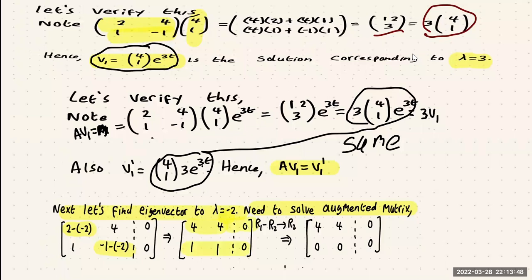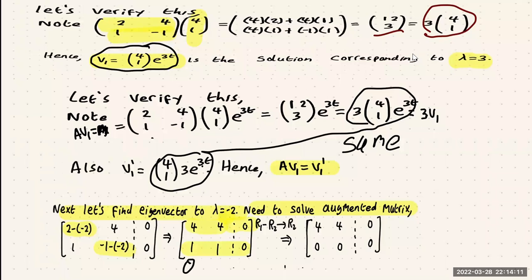And let's get a 0 now in this position down here. So we're going to go row 1 minus row 2 to give a new row 2. Well, actually, it looks like I should have gone row 1 minus 4 times row 2.